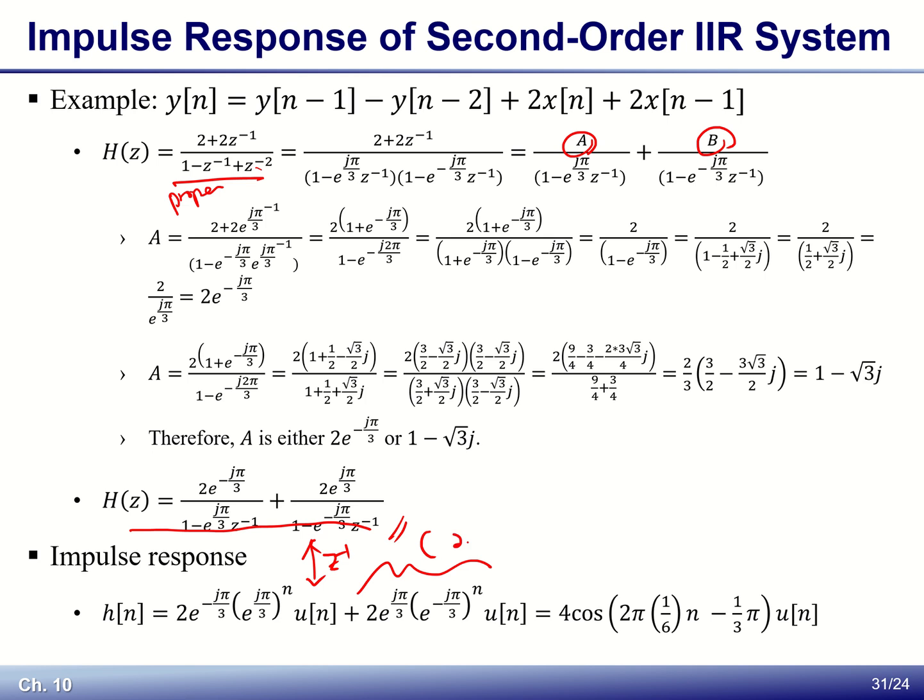This is 2 exponential j 3 pi n plus pi over 3, and this is 2 exponential minus j 3 pi n minus pi over 3.